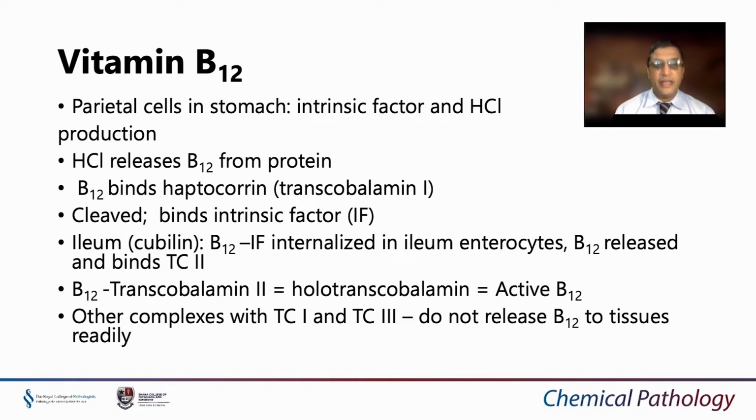The B12 then complexes to transcobalamin 2, which is also called holotranscobalamin or active B12. Other complexes with transcobalamin 1 and transcobalamin 3 do not release B12 as easily to the tissues. Hence, transcobalamin 2 is very important at a functional level.